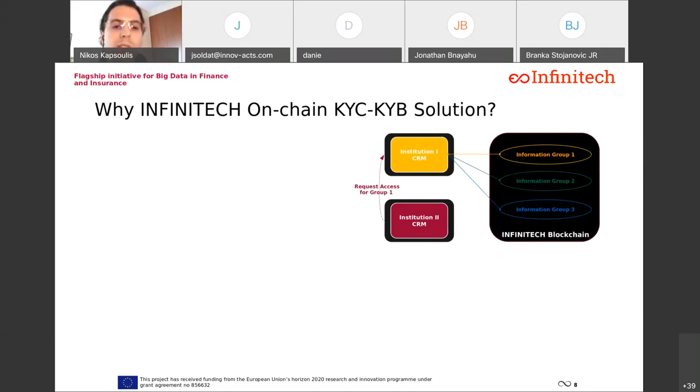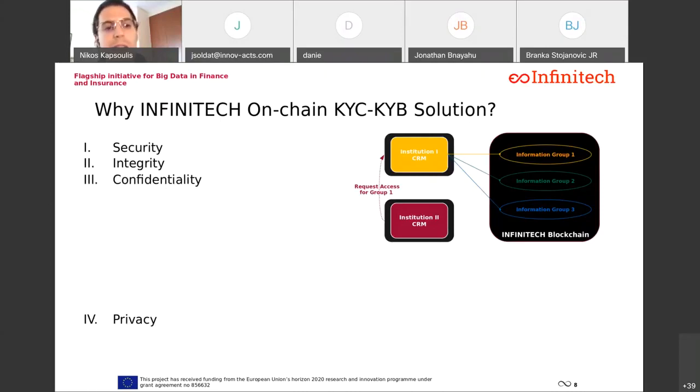As we have seen already in the workshop, we need blockchain because it combines things like security, integrity, confidentiality, and privacy in one single platform. And why is that? This is actually how the blockchain is constructed, and why this new technology is needed and used already.